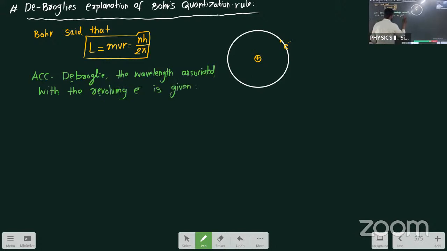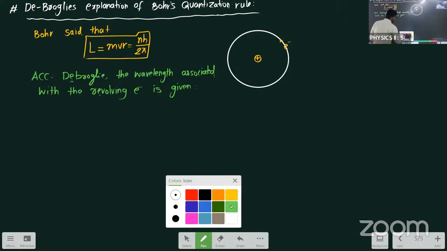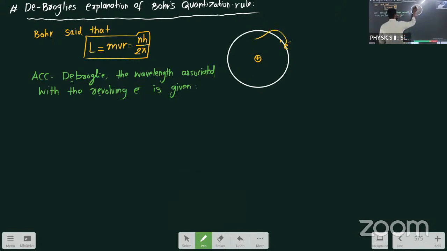This is the statement given by de Broglie. He said that if an electron is moving, along with that electron there will be a wave which will also move, that is called a matter wave, and that wave is known as a de Broglie wave. The wavelength associated with the revolving electron is lambda equals h divided by m into v. This is called de Broglie's wavelength.